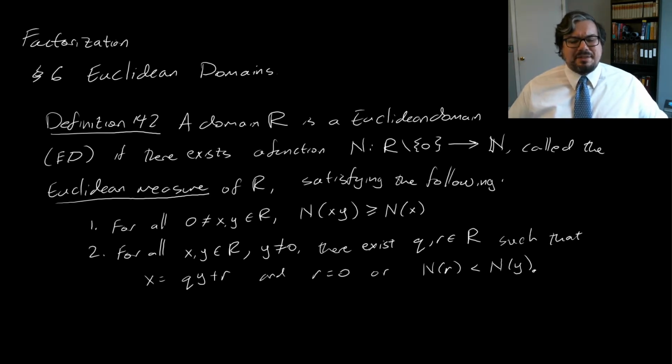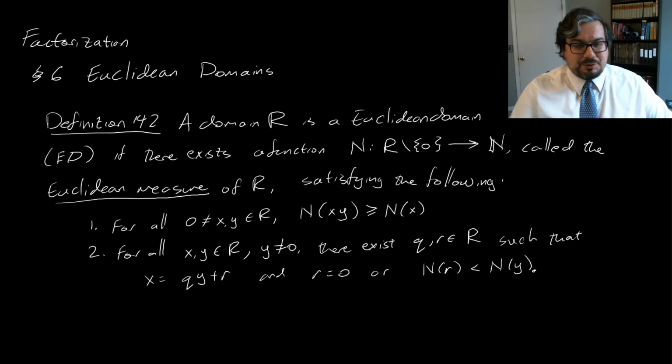To show that such a function does not exist is difficult because there are, of course, infinitely many different functions to consider. Now, we will see in a little bit that all Euclidean domains have certain other properties we're familiar with, and so we can use that to conclude that certain rings are not Euclidean domains. But the Euclidean domain condition is still fairly subtle. So let's look at some examples.